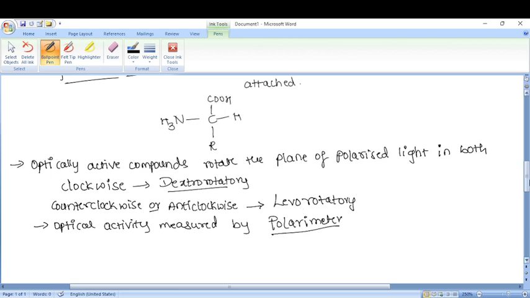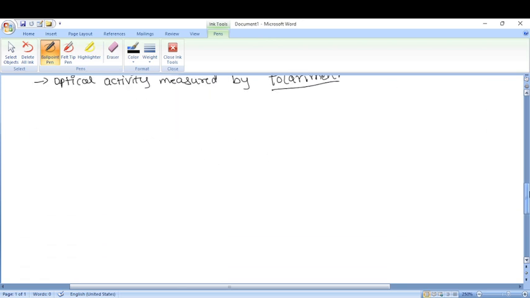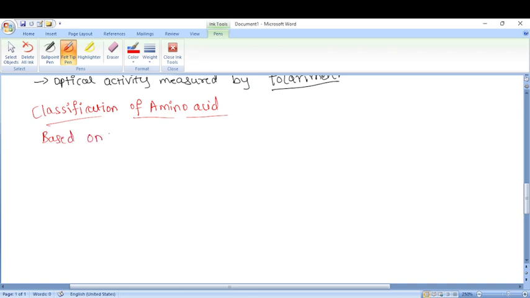Next, we'll see the classification of amino acids. First one, classification based on participation in protein synthesis.